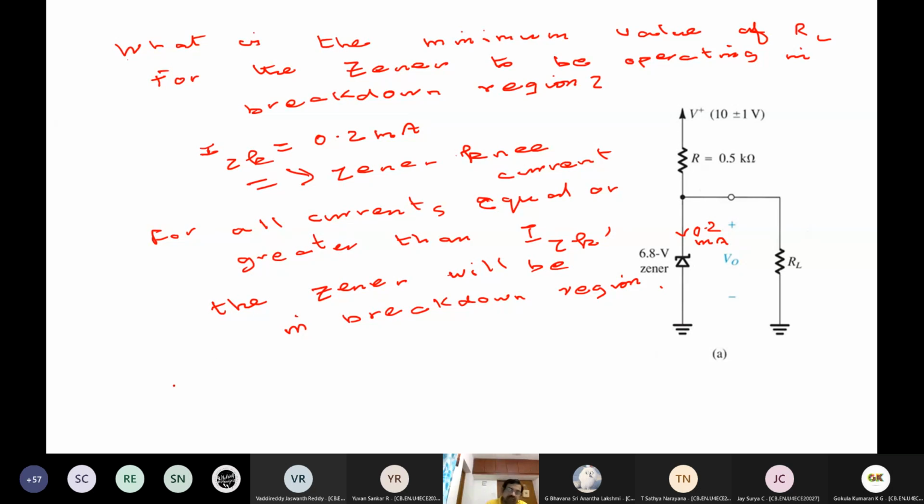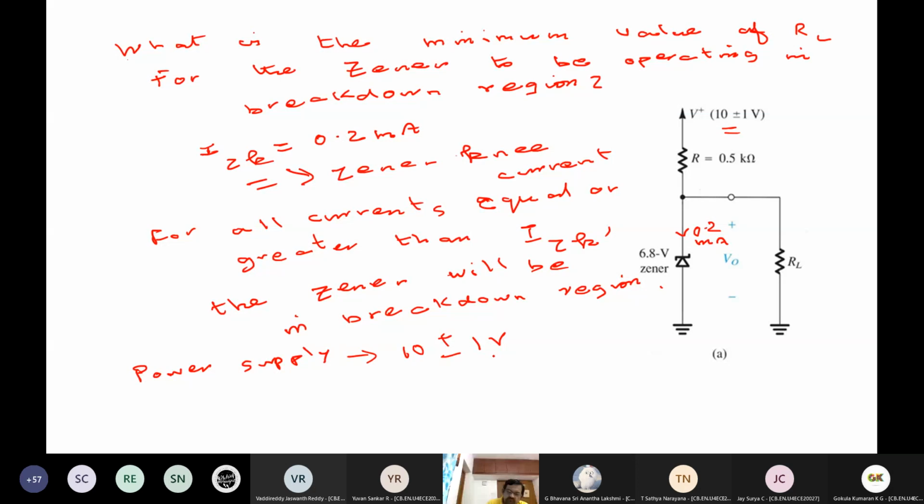Now think about your power supply. Because we have been asked the minimum value of RL, we should use the minimum permissible current possible here. The minimum permissible current is going to be when the input voltage is lower. The power supply variation is 10 plus minus 1 volt.